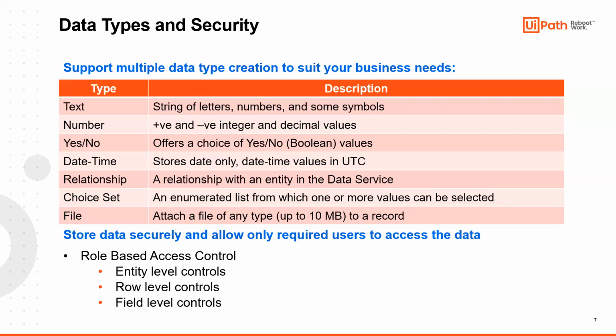And these different types of data allow you to model all common business data that you would require for your automations. Each of these data types also has attributes like default value, minimum or maximum value, and the maximum length, etc., that are needed to take care of your modeling needs.